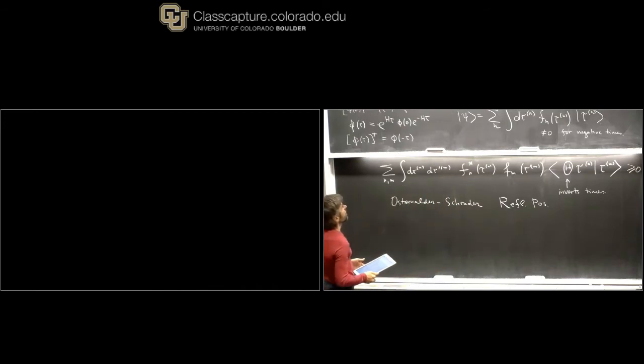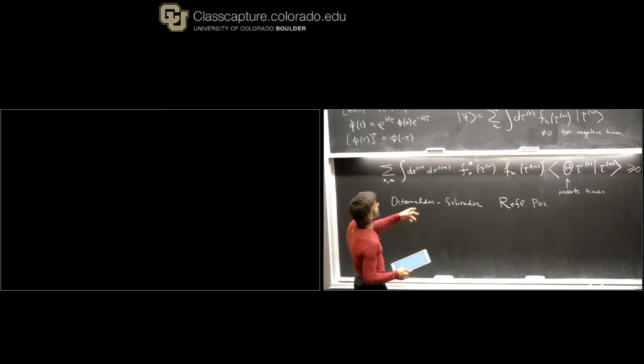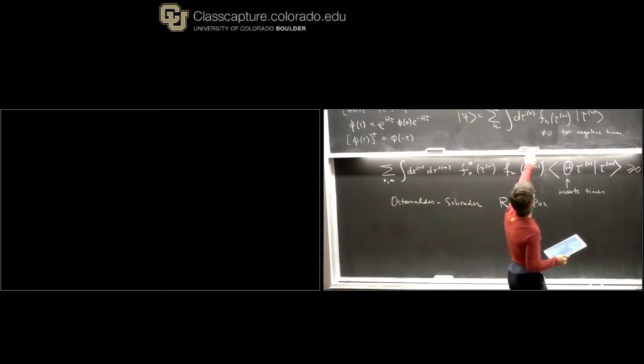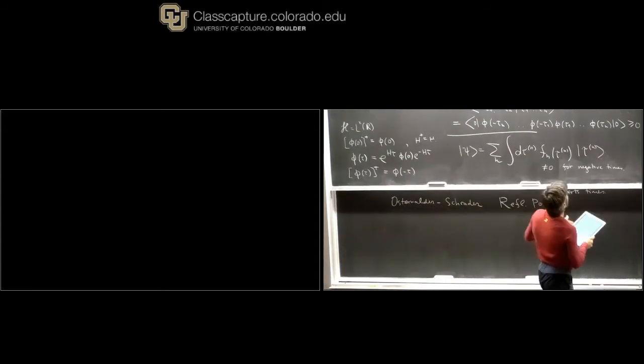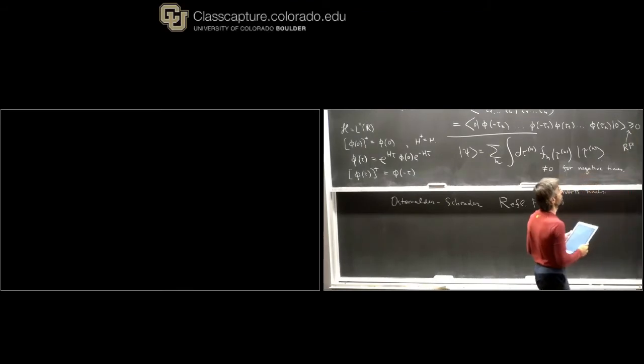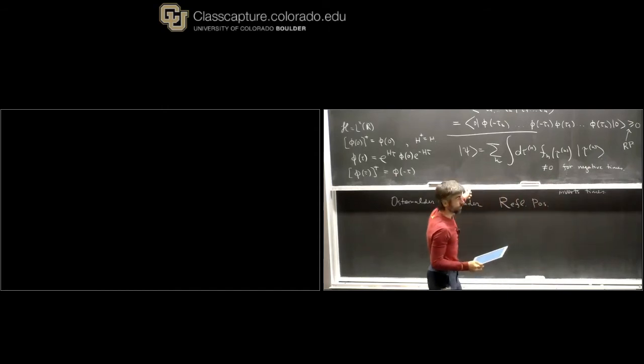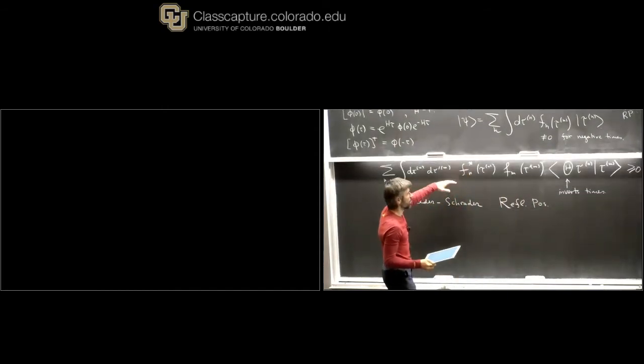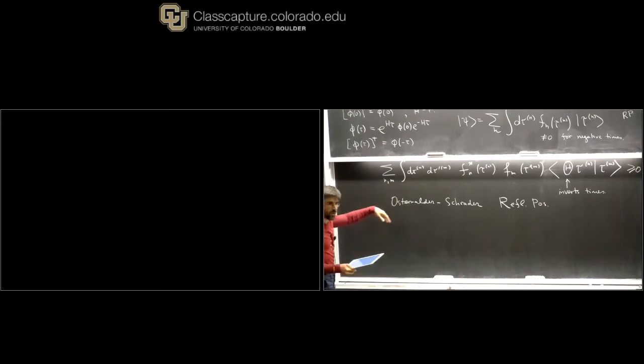So that condition over there, which I wrote before, which is just a condition for one two-endpoint function, is also sometimes called reflection positivity, but it's a strictly weaker condition. The full reflection positivity involves this sum of linear combinations.